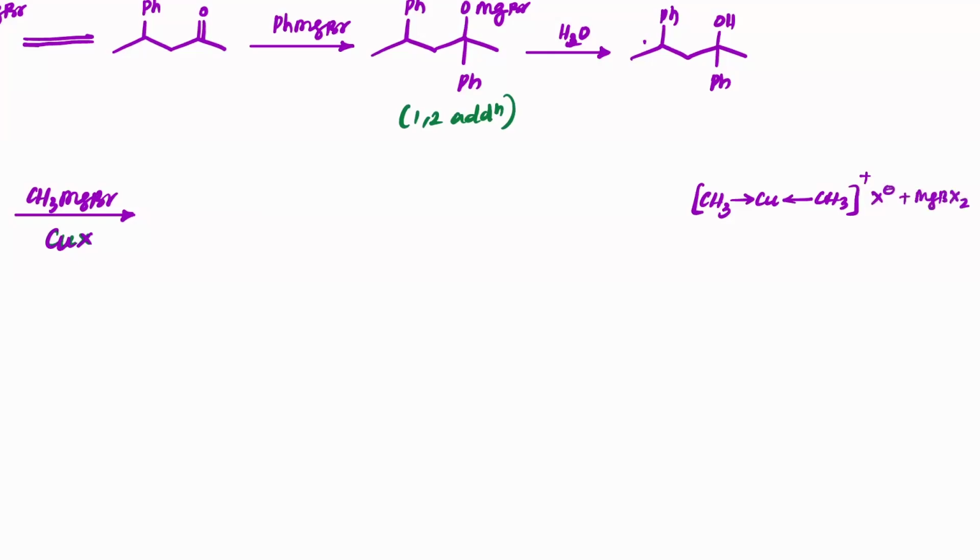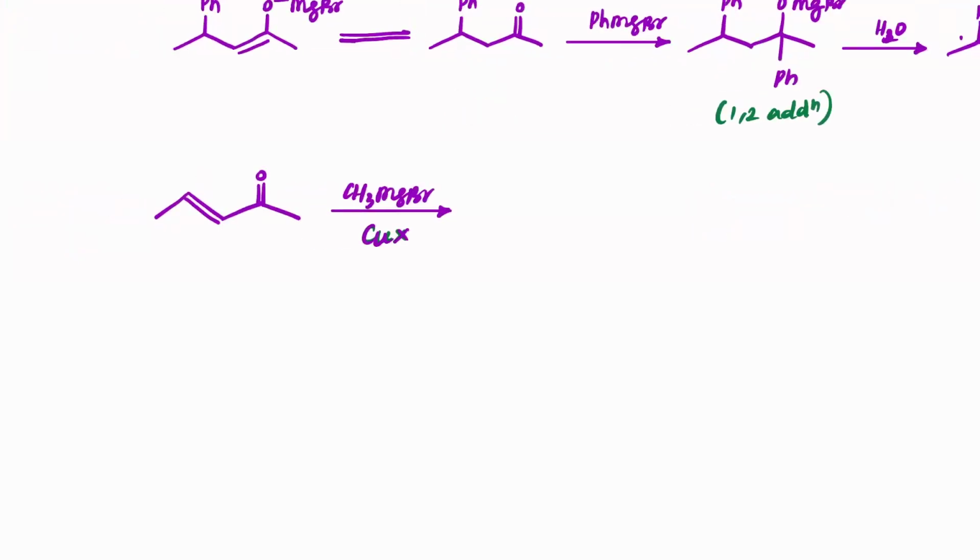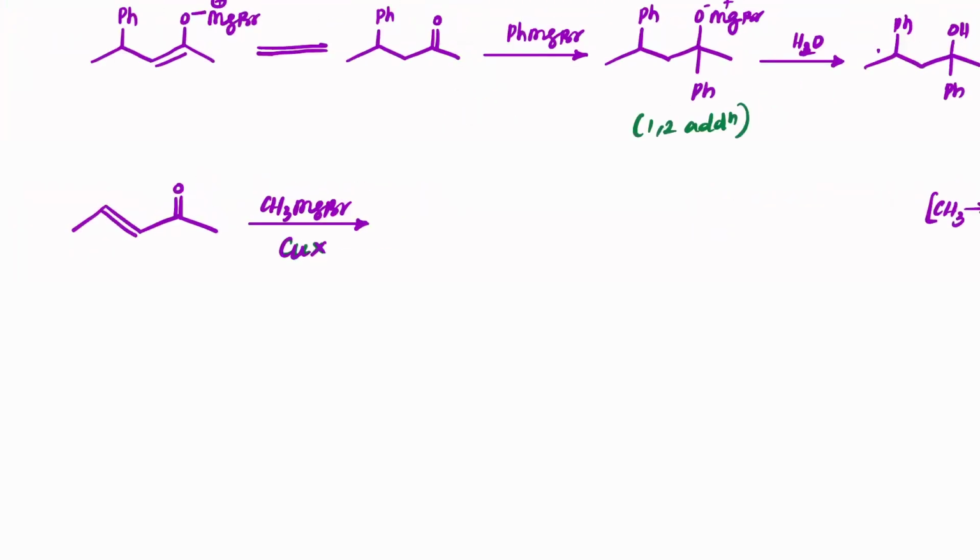This kind of formation you will notice. So you would start getting a copper complexed compound, and this will reduce the nucleophilic nature of CH3. And in such cases, again, 1,4 addition will take place. So you will be adding CH3 here this time, pushing the double bond, O minus MgBr plus.